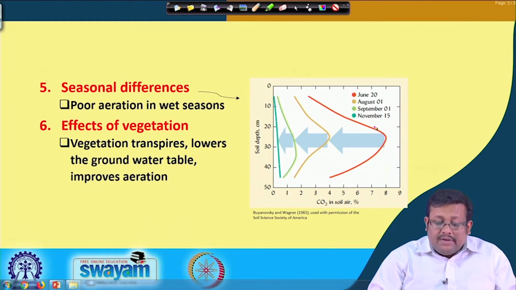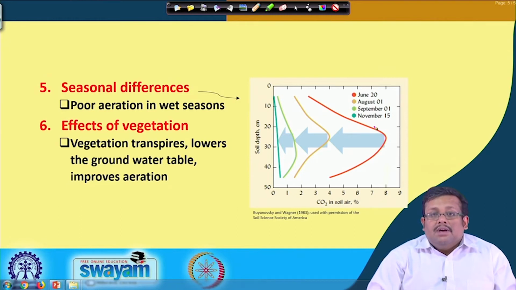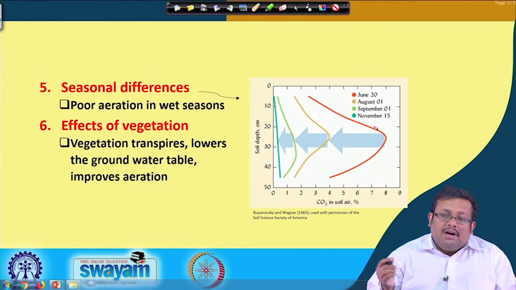So you get poor aeration in the wetter season because all the pore spaces are filled with water, which ultimately leaves very small chances of proper aeration.